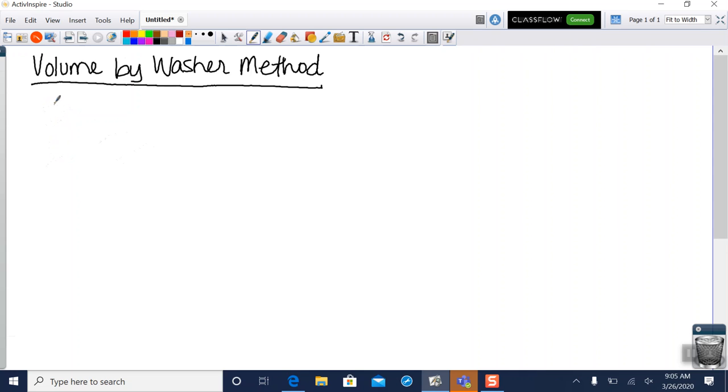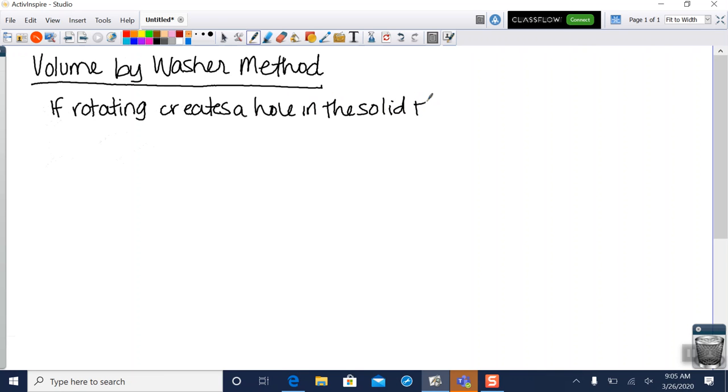Okay, so if rotating creates a hole in the solid, then we use the washer method to find volume.